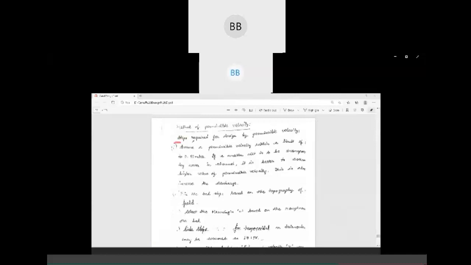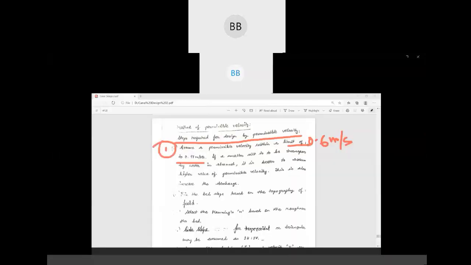Steps required for designing by permissible velocity. Number one, assume a permissible velocity within a limit of 0.6 meter per second to 0.91 meter per second.